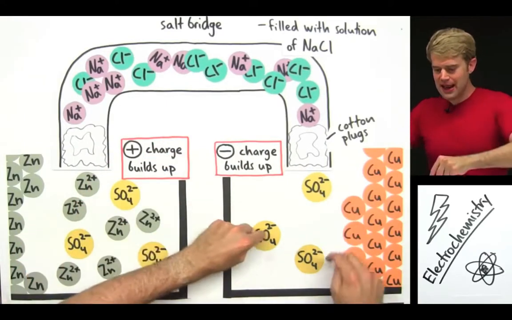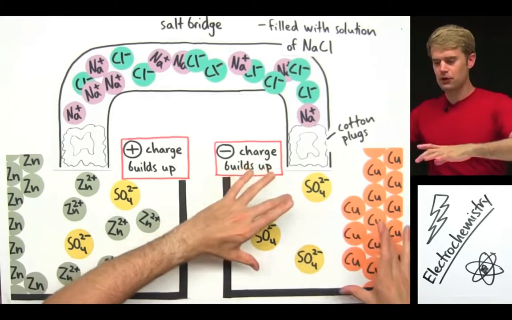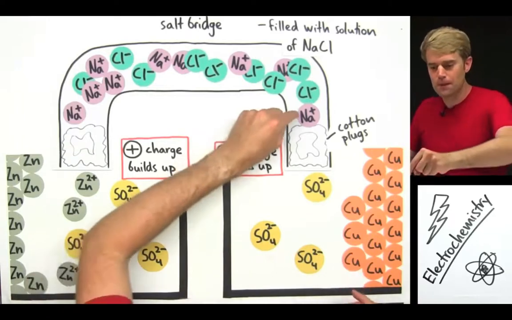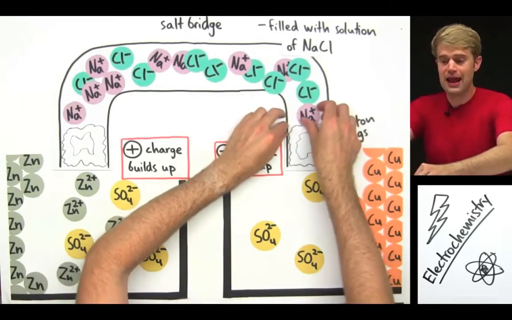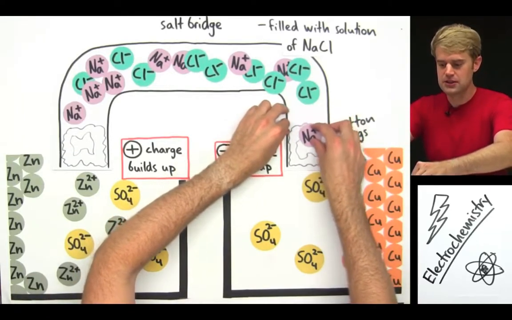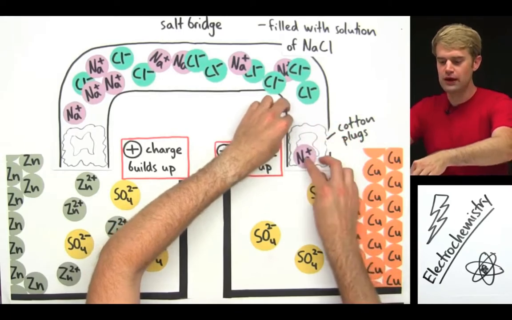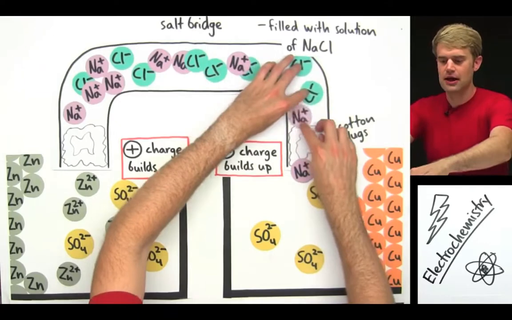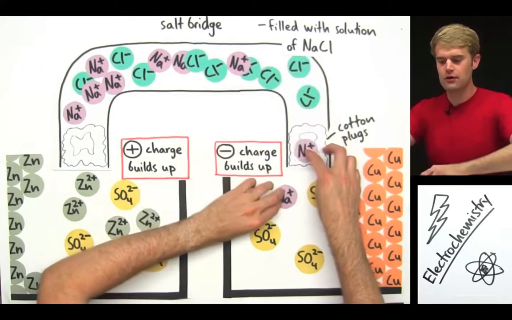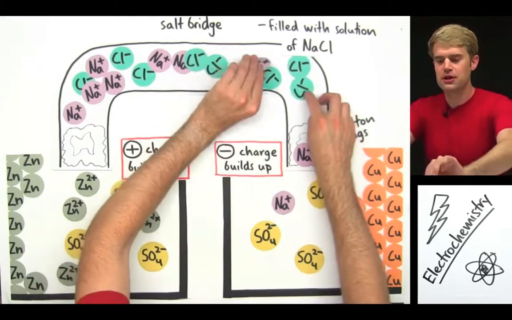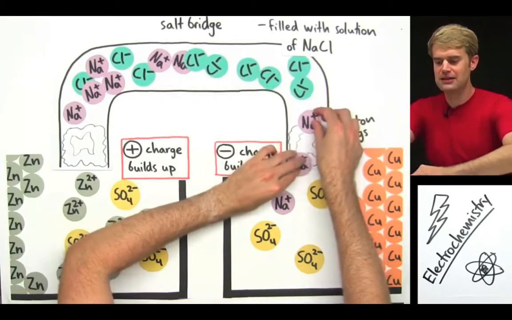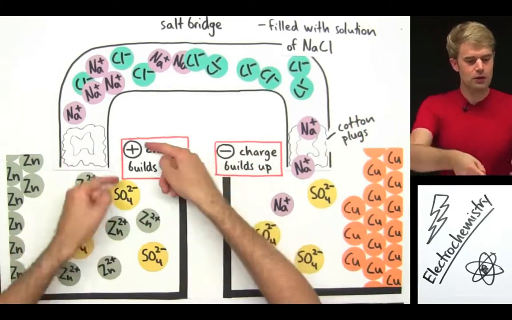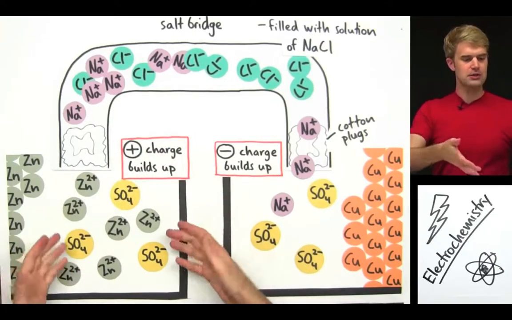We said that negative charge is going to start building up in the half cell over here. And so the positively charged Na+ is going to begin moving over into this half cell to help balance out the charge. So the Na+ ions are going to begin moving in this direction to balance out the negative charge. And over here, we said that positive charge begins to build up.